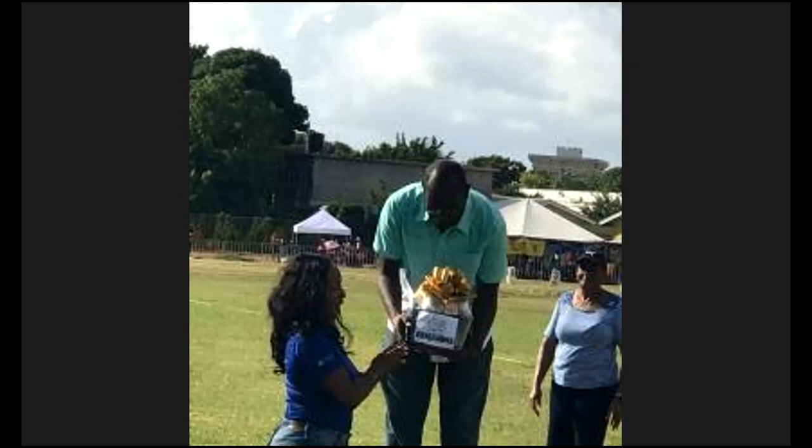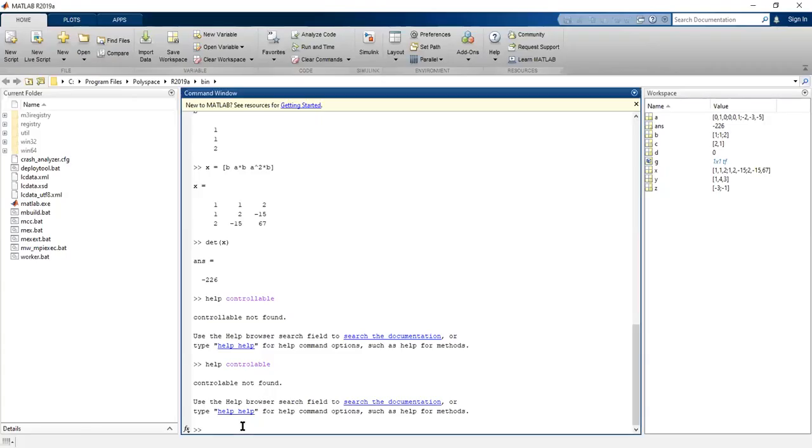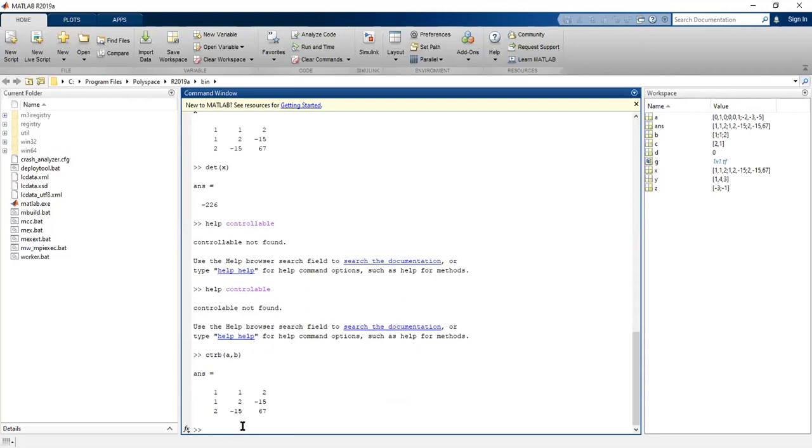So go back to CTRB, open bracket, A, comma, B, and close the bracket. Okay, so I thought it was going to give you the determinant of the matrix.